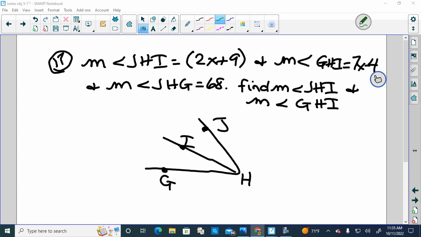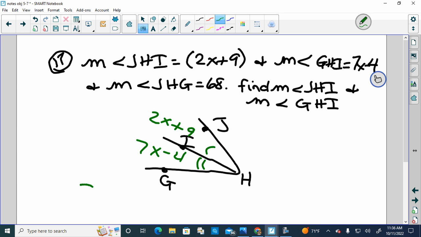Remember we're going to add two small ones to set it equal to what the big one is. But now we've got variables, so we just got to set it up just as if there was numbers. JHI would be this one right here, 2x plus 9. GHI would be this one right here, 7x minus 4. What did we say when we knew the number? What do we do with those two to get the big one? Add them. So I'm going to set that up.